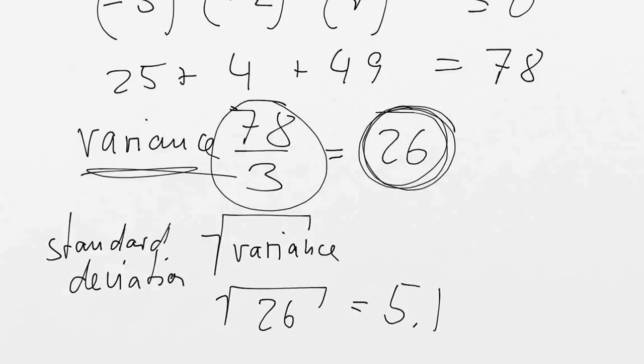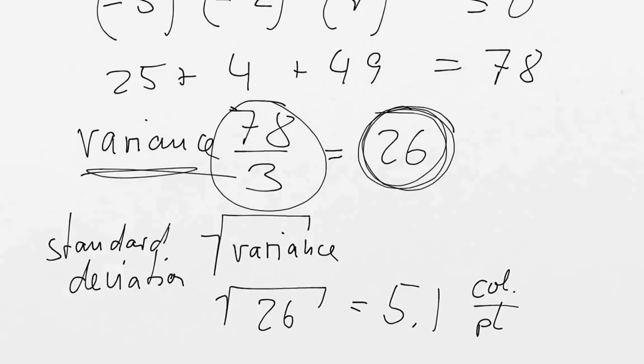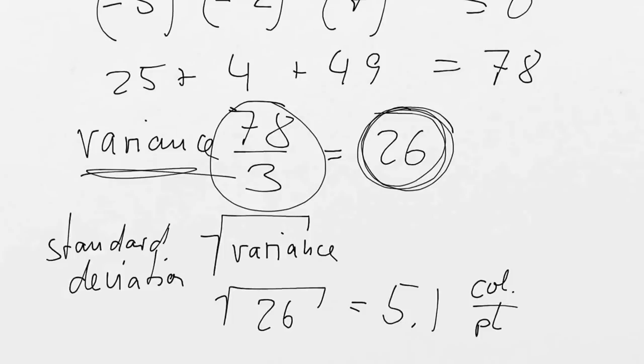That's my standard deviation. And now, because I've got the square root in, I can say it's 5.1 colonies per plate. My units are sort of intact again. So that is a nice description of my data here.